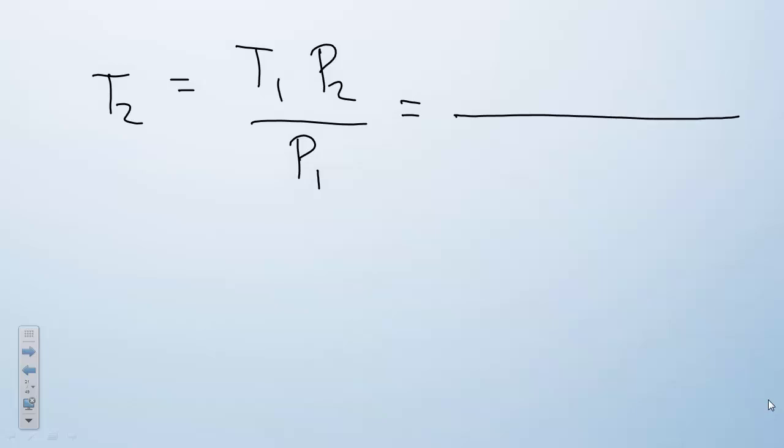So the original pressure, P1, is exactly 1 atmosphere, and the original temperature is 350 Kelvin. And we were going to heat the gas until it reached P2 of 1.25 atmospheres.